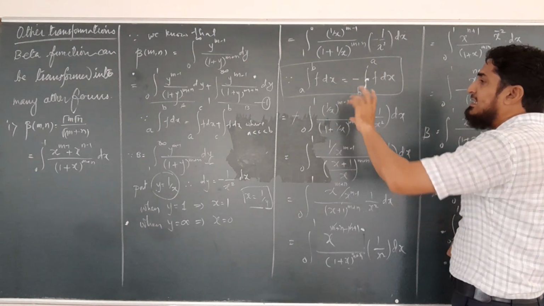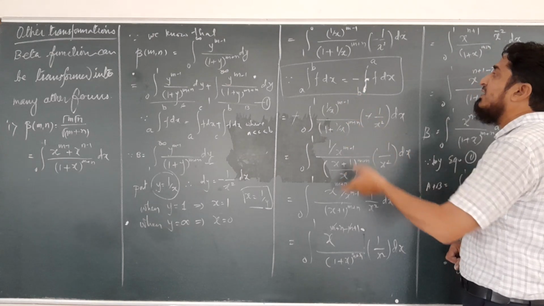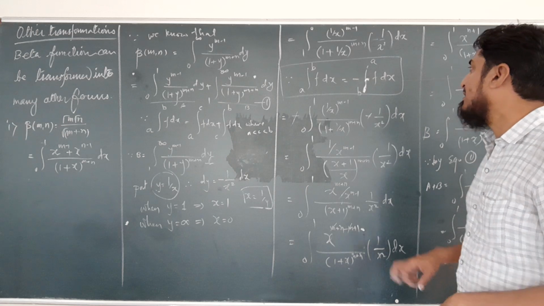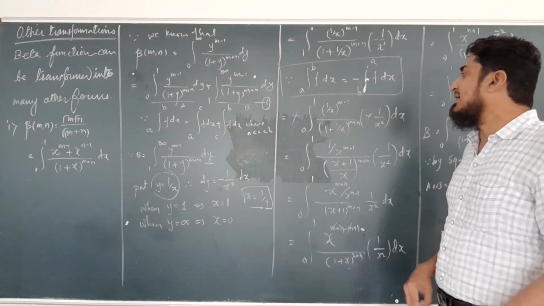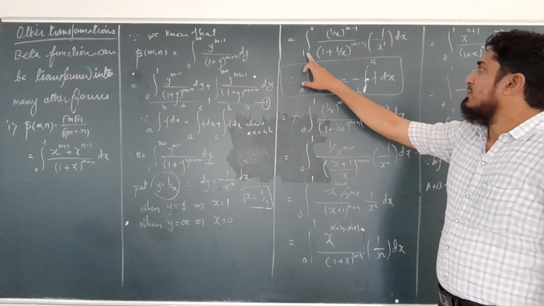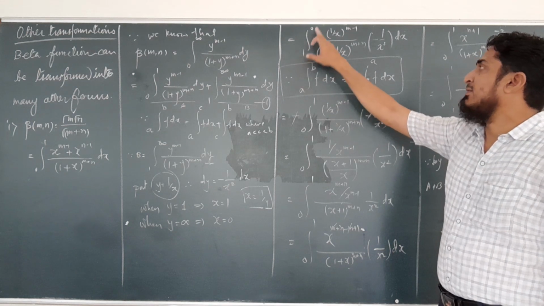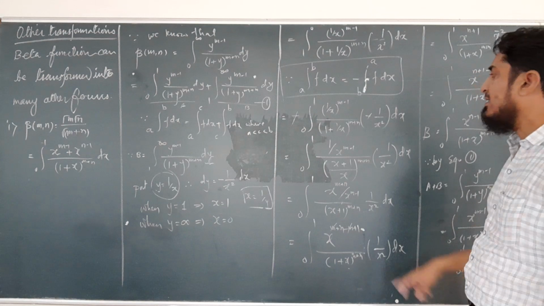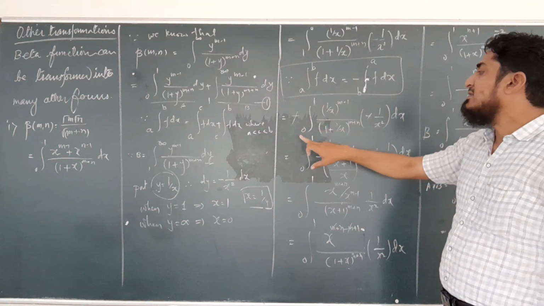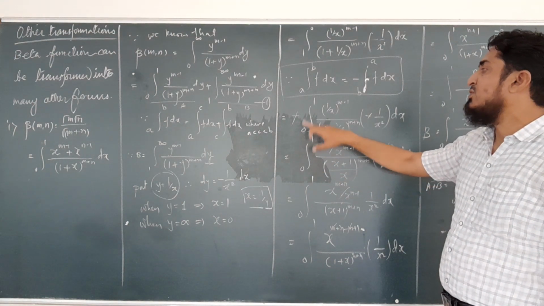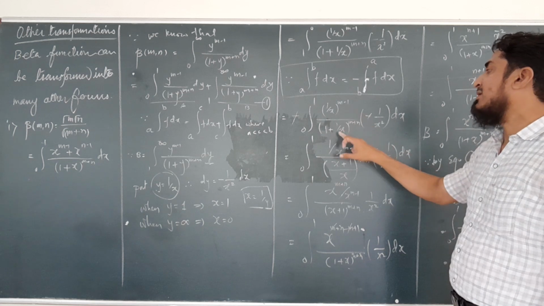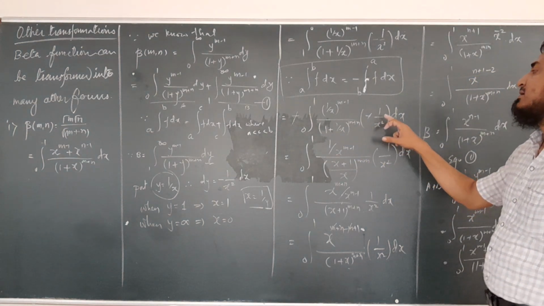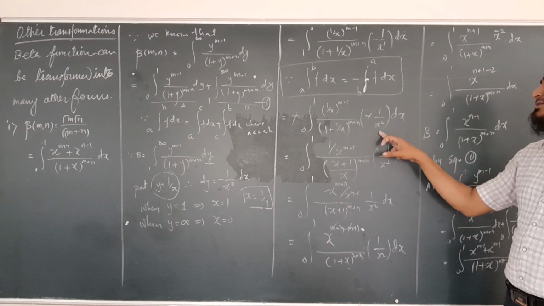We are interchanging the lower and upper limits of the integral, so we get a minus sign. So we get minus integration from 0 to 1, 1 upon x raised to m minus 1 upon 1 plus 1 upon x raised to m plus n, times minus 1 upon x square dx.